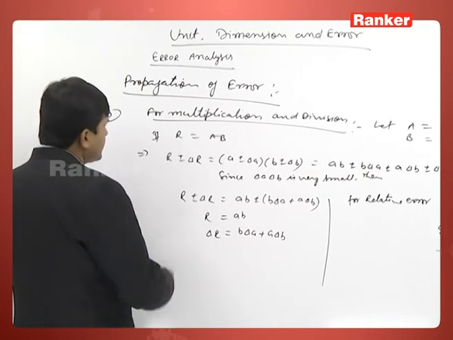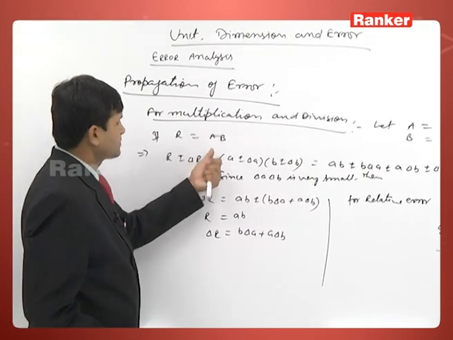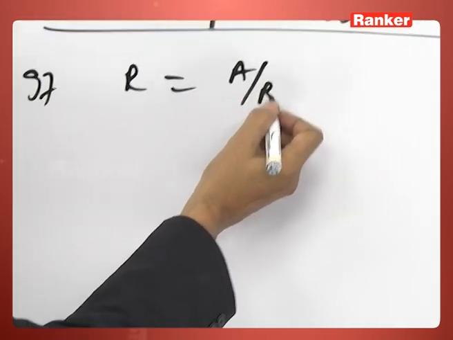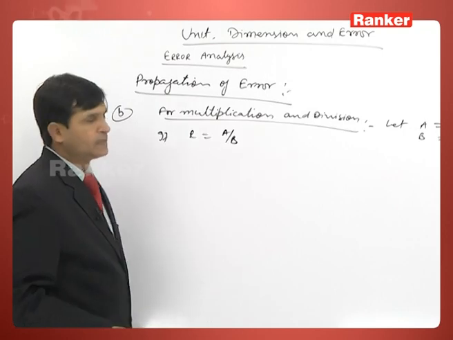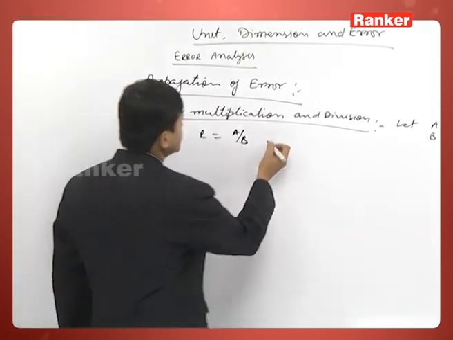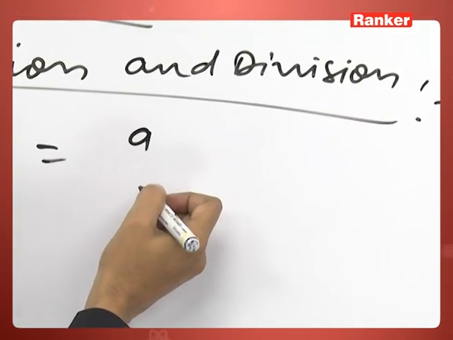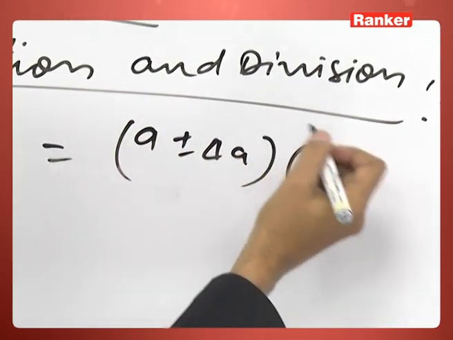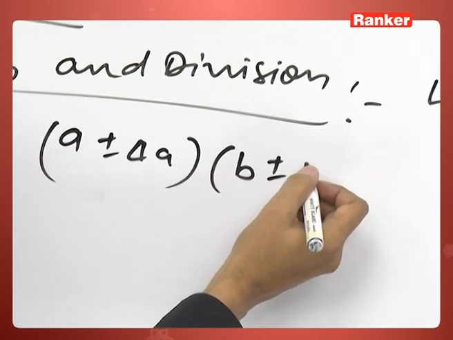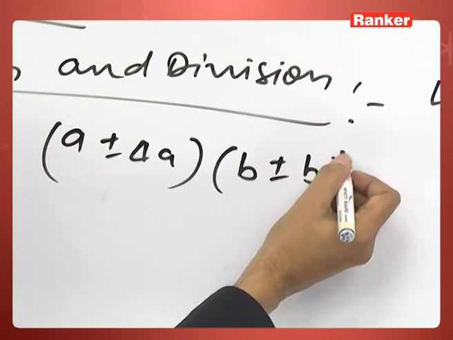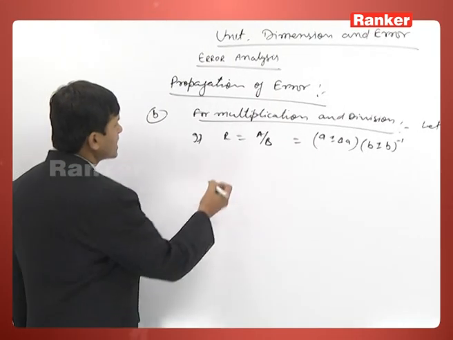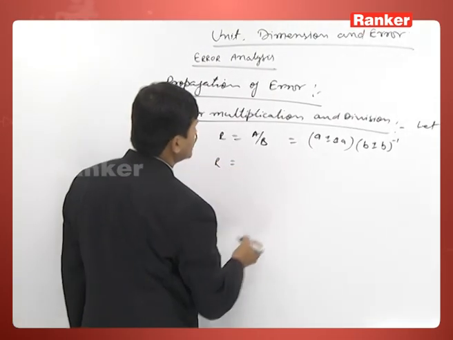Now, if R is equal to A by B, then also we can write in the same way: A plus minus delta A into B plus minus delta B to the power minus 1. What can be done here?